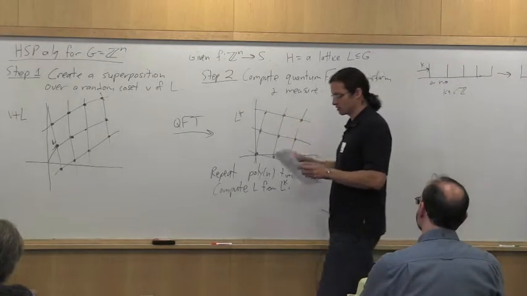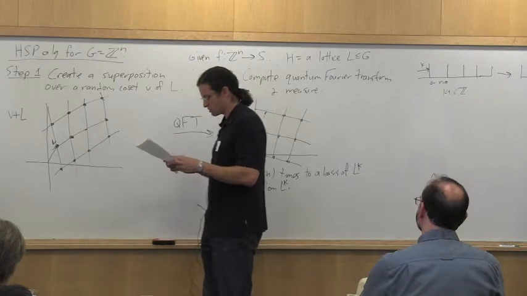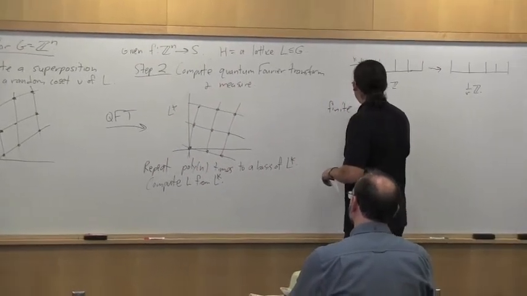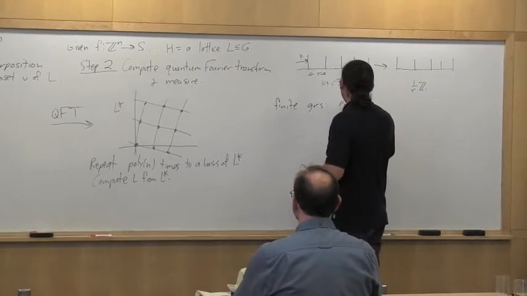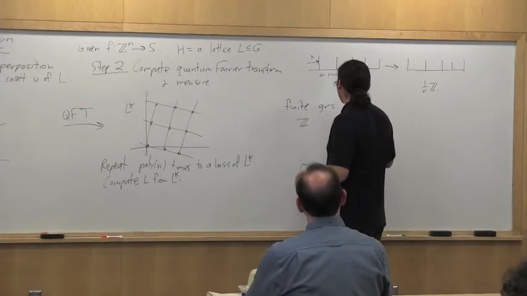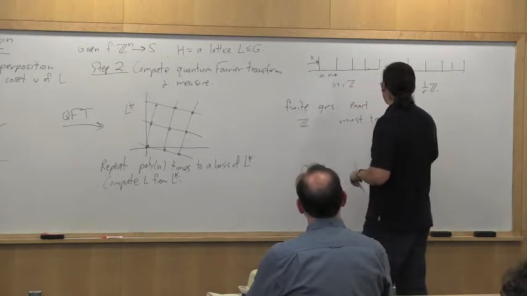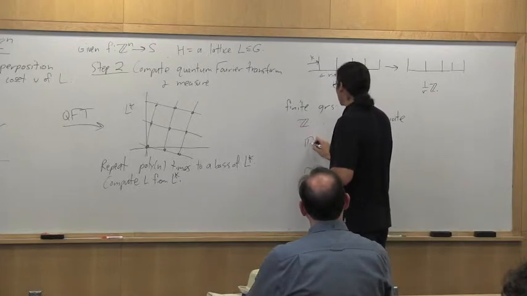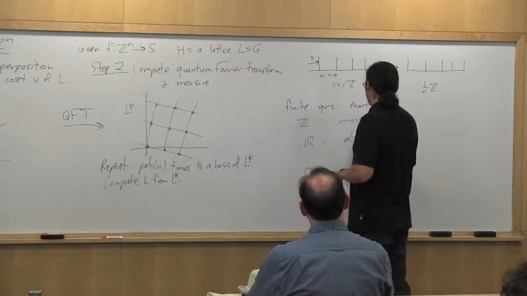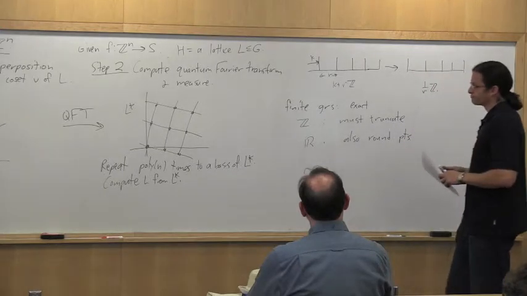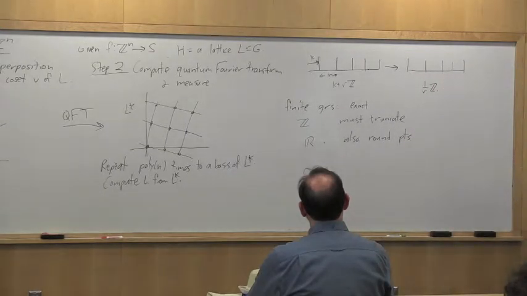So this is hiding those types of things. So in finite groups, this picture is exact. Move to Z, you have to truncate the picture. And for R, you have to also round points to integers.